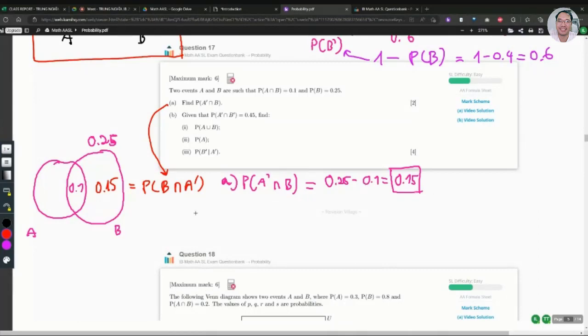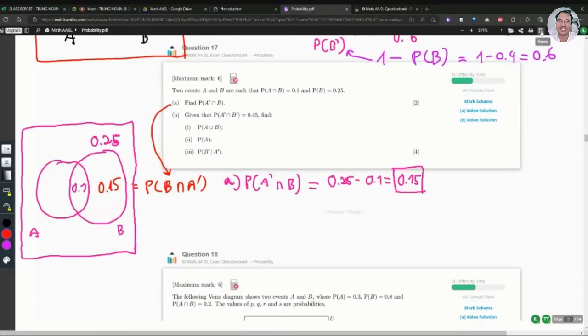And question B, given that the probability of not A and not B, which is the outside, is 0.45. All right, let's just draw that part. A or B means the total area of the two circles. It is similar to question 16. You can scroll up and see question 16 again.